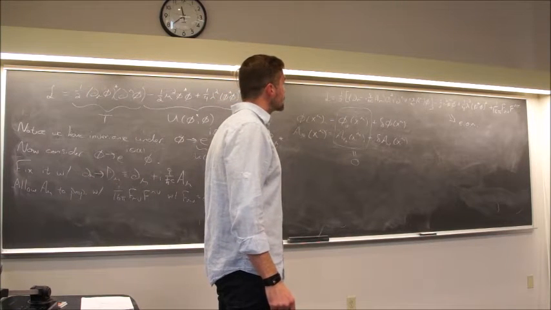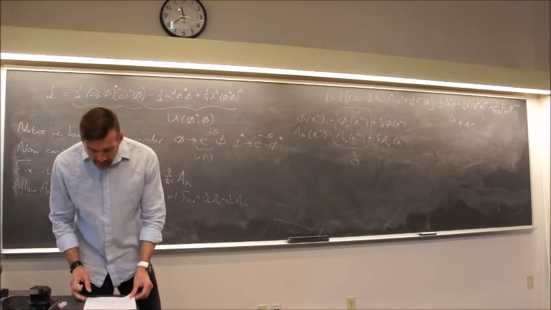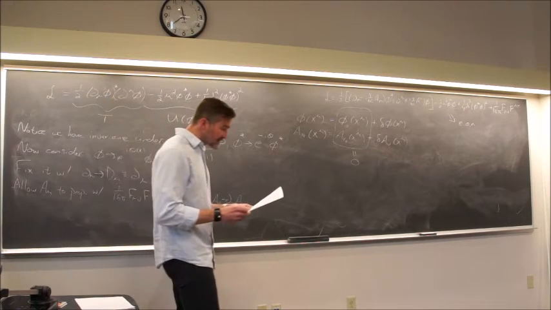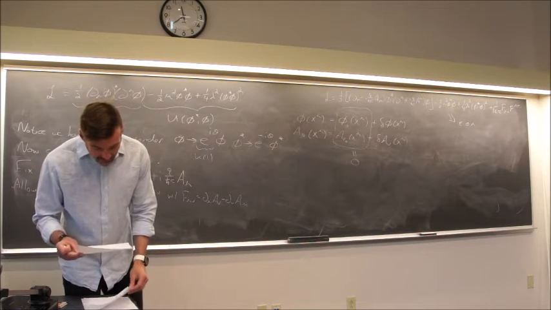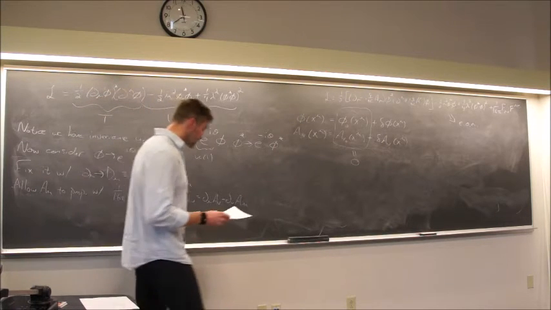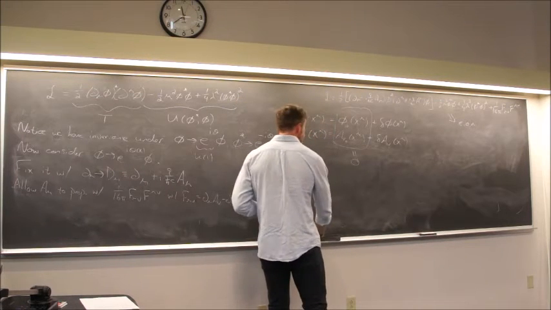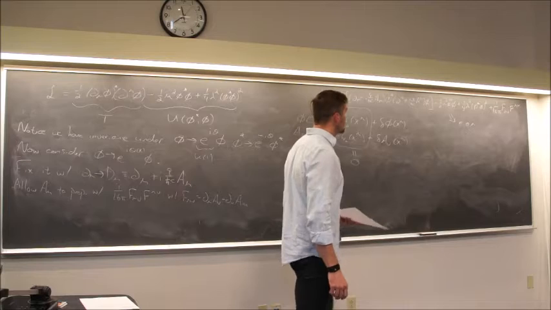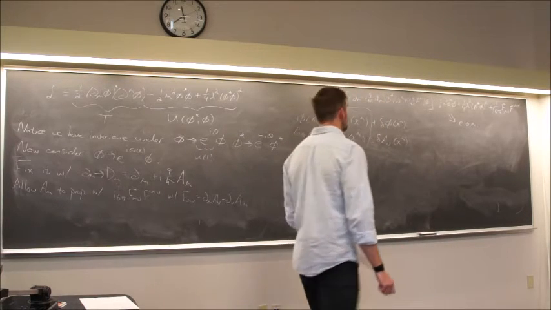Okay? So, if we want to find solutions to these equations of motion, what should we be looking at? Well, there's actually a pretty simple method of finding solutions to the equations of motion if you want to restrict yourself to kind of boring configurations.